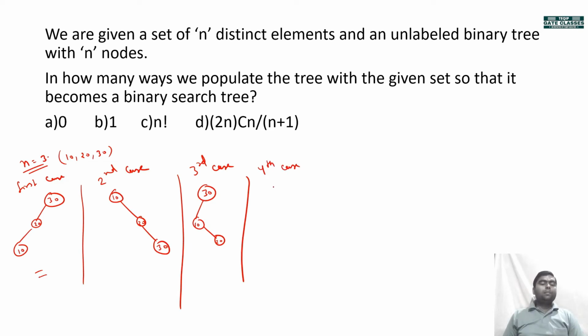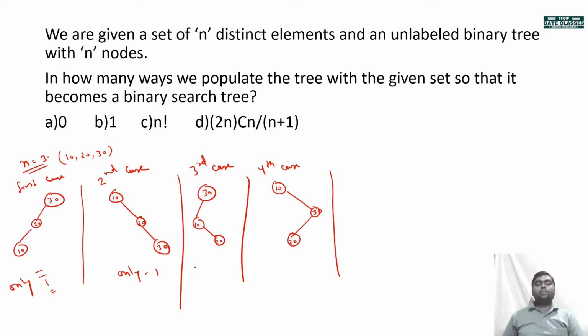What about the fourth case? The fourth unlabeled tree with n equal to 3 could be like this. Now how can we fill it? This may be 10, this may be 30, and this may be 20. This is also possible, so only one possibility here.